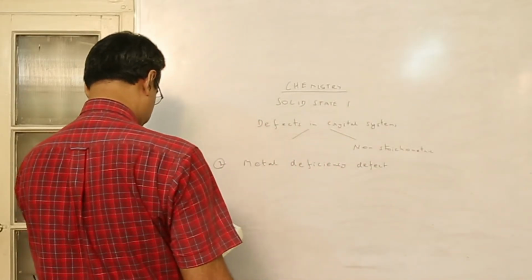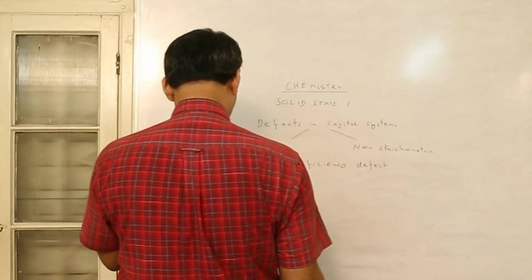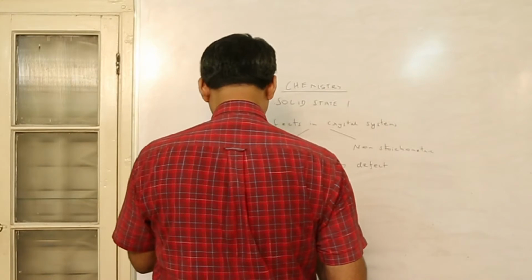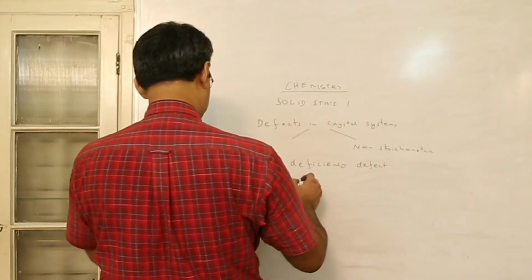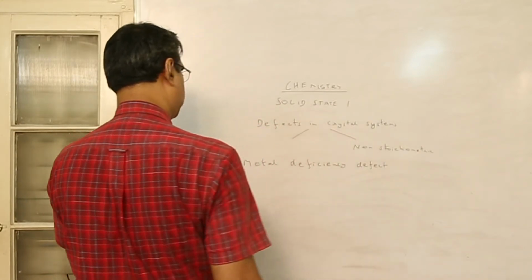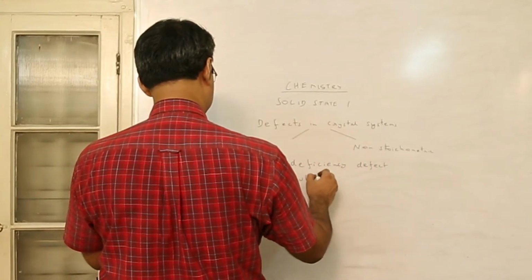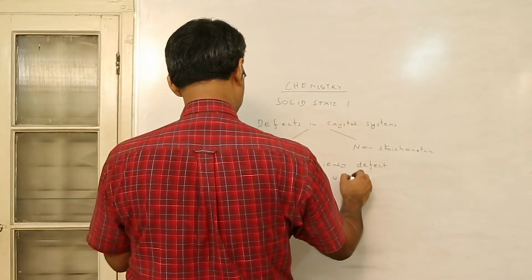Next we come to metal deficiency defect. This particular defect happens in case of cations with multiple valency.